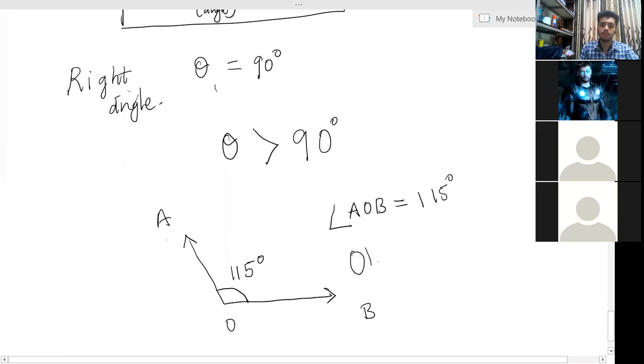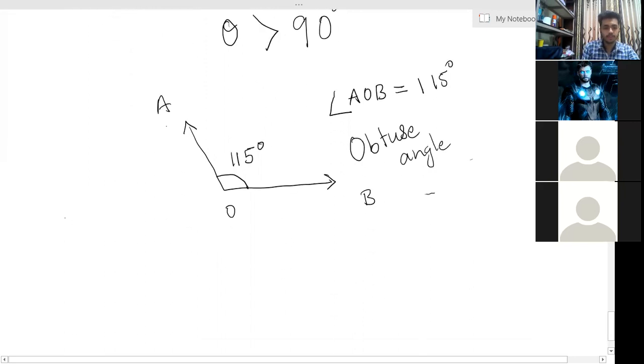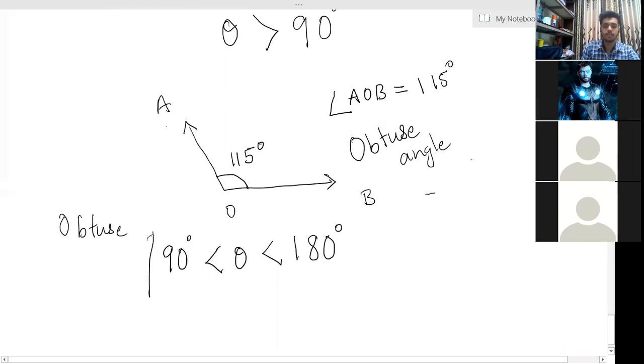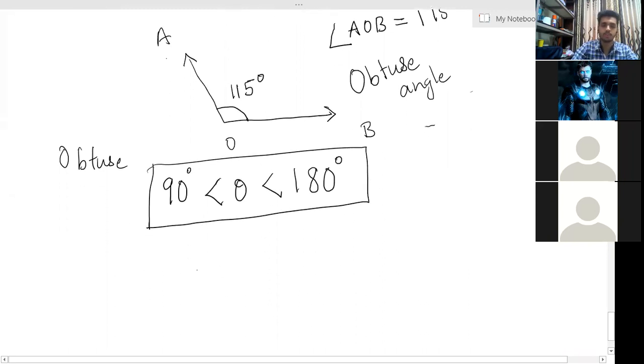This is called an obtuse angle, where theta is greater than 90 degrees and theta is also lesser than 180 degrees. This is the definition of an obtuse angle.